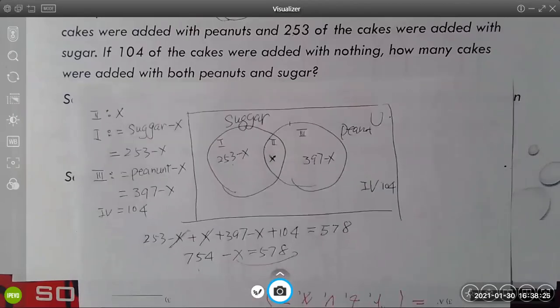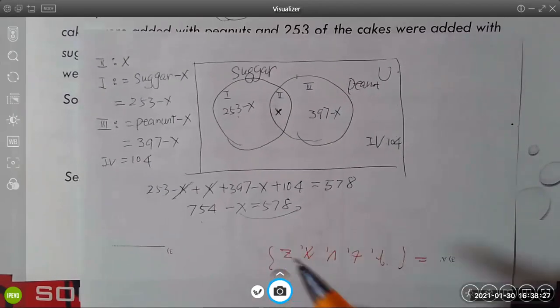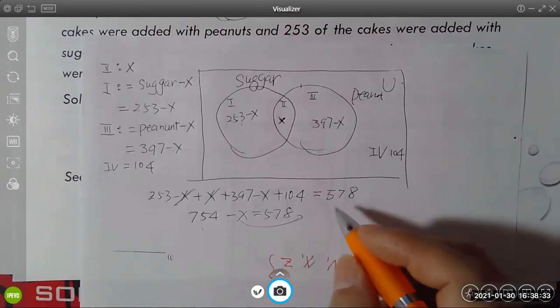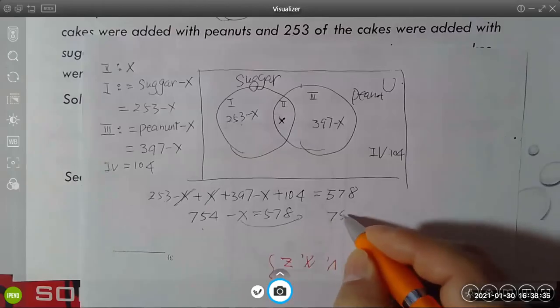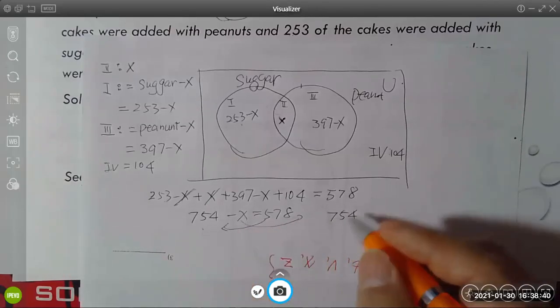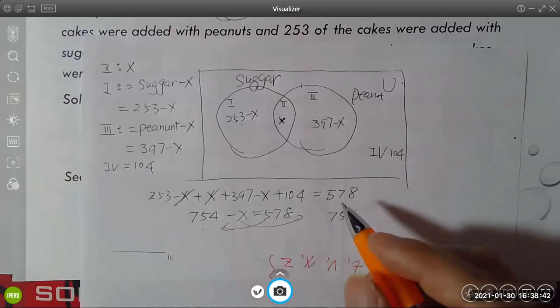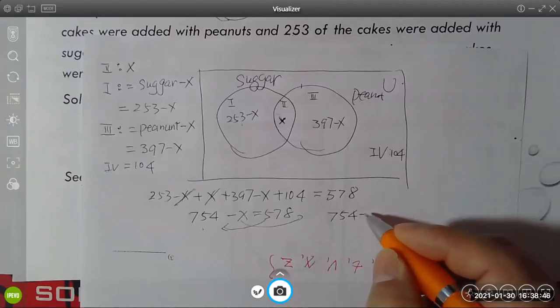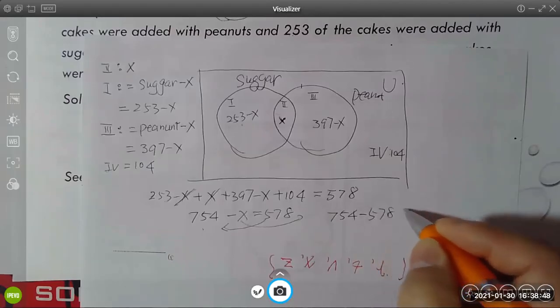Oh, that is right. Everything is right. Somehow in my head, I read this 5 as 7. That's why I said, how come it's getting negative? There's no way. So 754, move this 578 back. Whenever you move any term in the equation to the other side, change the sign to the opposite. So 754 minus 578 equals X.